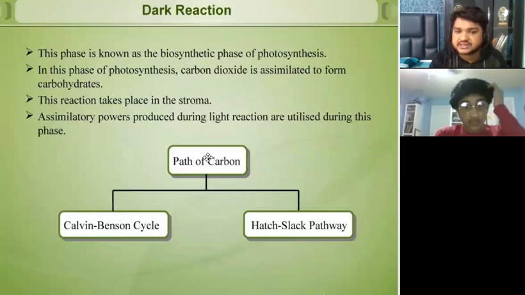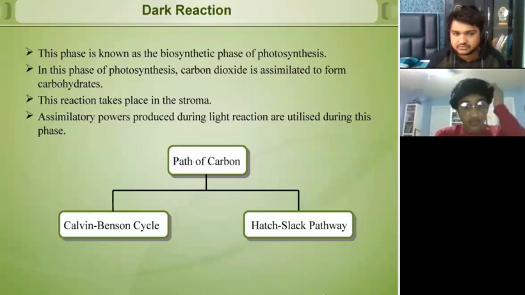The first is the Calvin Benson cycle, also known as the C3 cycle, and the second was given by Hatch and Slack, also called the C4 pathway.